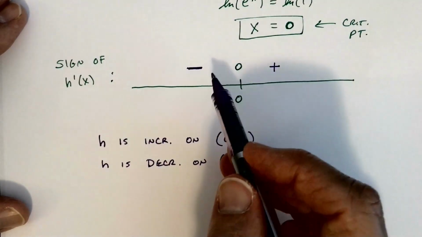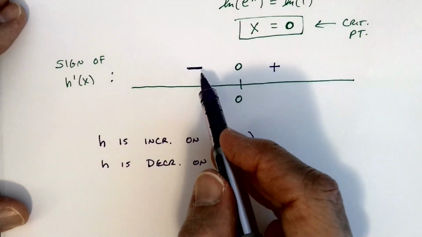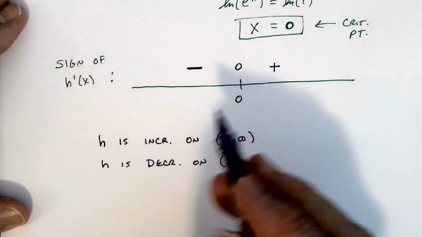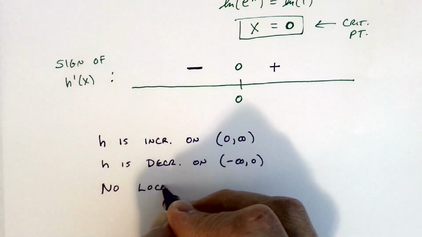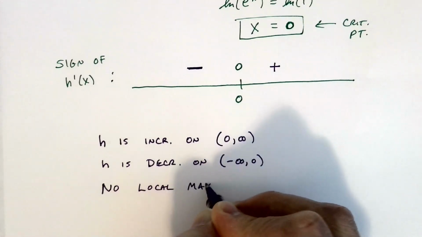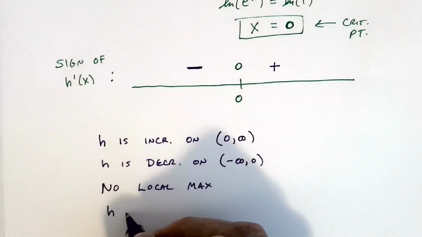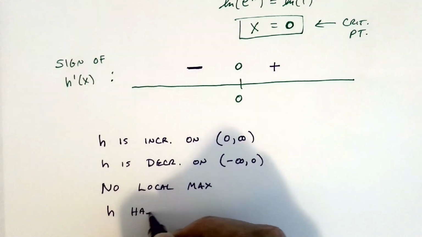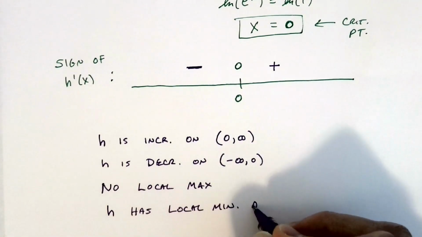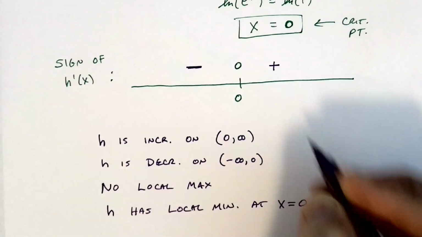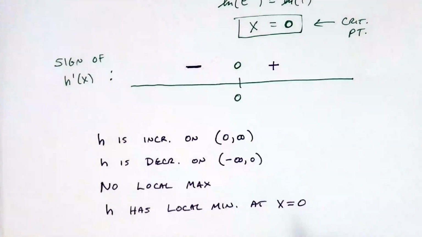Do we change from derivative positive to derivative negative? No. There's no local max. But h does have a local min, doesn't it? And that occurs at x equals 0, right? Derivative changes from negative to positive at that point.